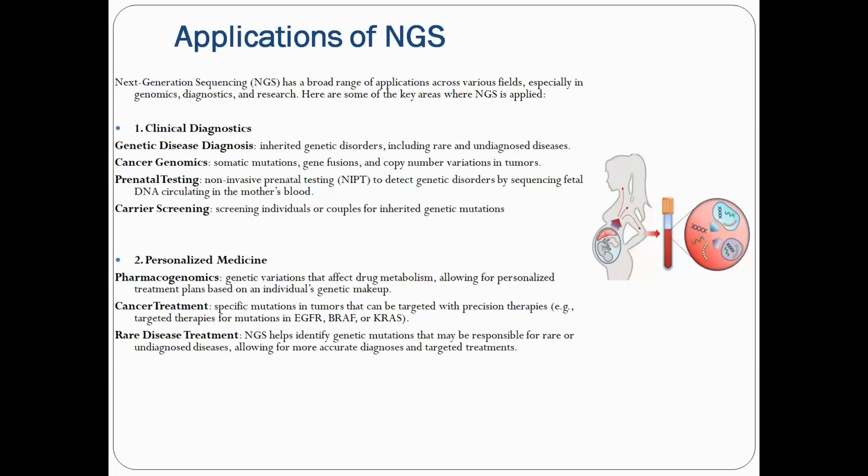So in those cases, determining the sequence or any mutation in the cancer-causing gene can help a clinician decide if a particular type of treatment will be helpful to the patient, and if not, the patient will not be subjected to a treatment which is not effective. And also in rare disease treatment, as we have already discussed, there are a few genetic mutations which can help in understanding rare and undiagnosed diseases.